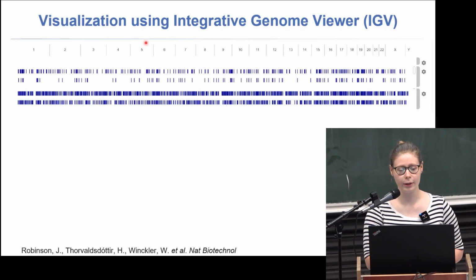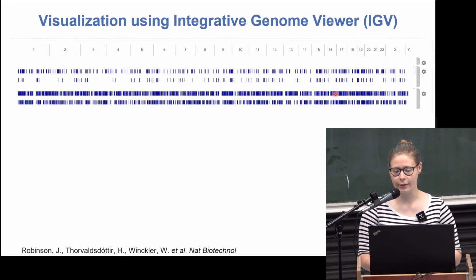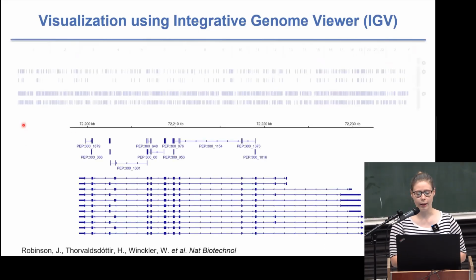So up here, you have all the chromosomes, and down here, every little mark is supposedly a gene. And up here, you have my input file. And like this, it's not very useful, but you can zoom in. And then you get a view like this, where you can precisely see each peptide and where they're mapped and which exon they belong to.